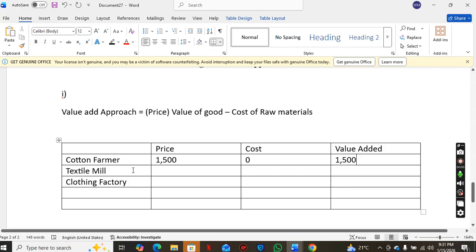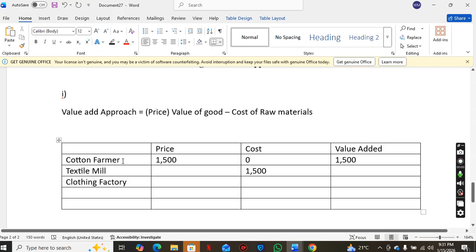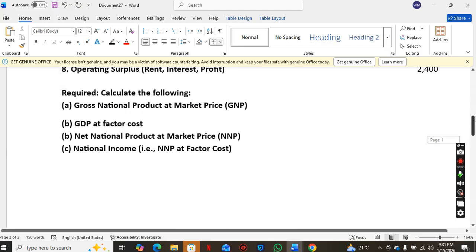The textile mill buys the cotton from the cotton farmer. So for the textile mill, the price of the raw material is 1,500 because they bought it from the cotton farm. They need this raw material, which is the cotton, to make it into fabric. And they sell the fabric for 3,000 kwacha.